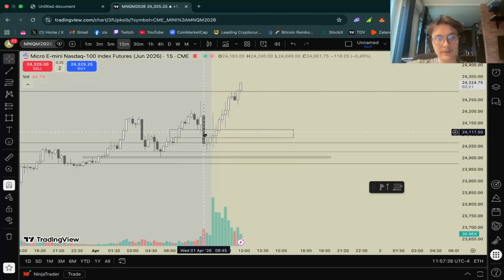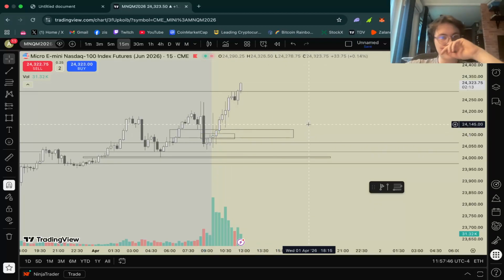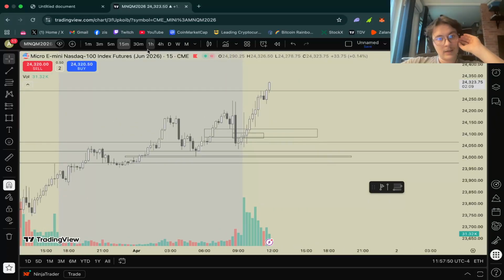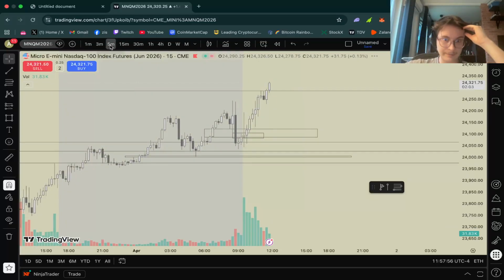On the 15-minute, we also created this bearish gap that we flipped about 15 minutes into open. Yeah, tough thing to notice.